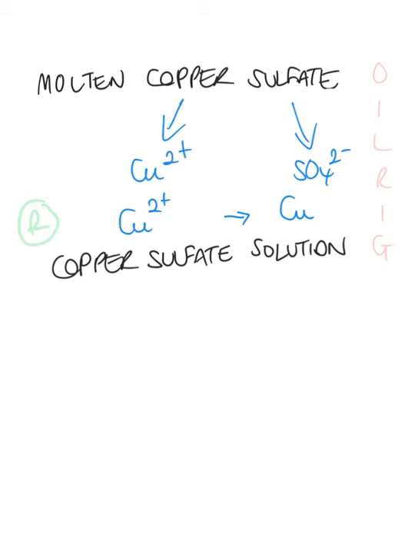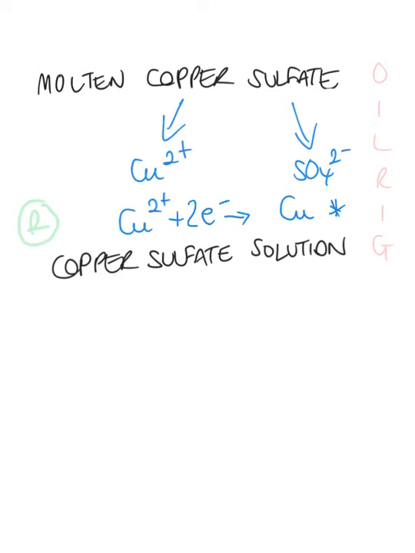For it to become a 2 plus ion, it at some point must have lost 2 electrons. So therefore, to go back to being neutral, it must regain those electrons. And you write the electrons on the left hand side. Because it's a 2 plus ion, it needs 2 electrons. So that here is the half equation for copper. We don't need to worry about the sulfate one.